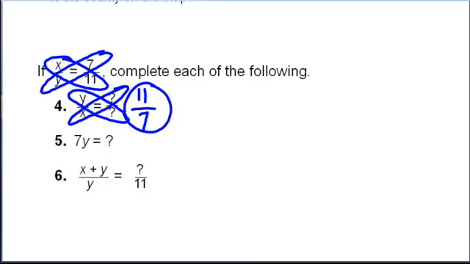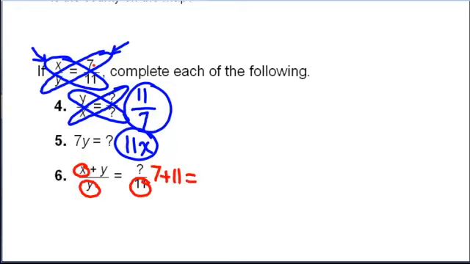Looking at these cross products, 7 times y is going to be equal to this 11 times x. So my answer is simply 11x. And in this problem, notice I'm taking this bottom number and adding it to what's on top. 7 plus 11 is equal to 18.